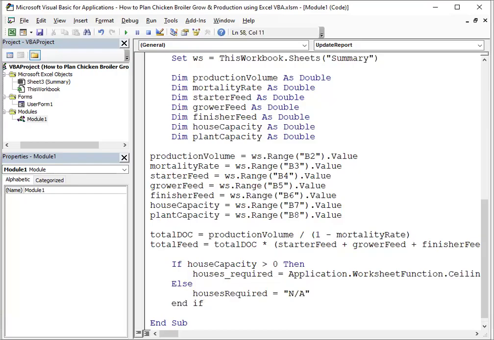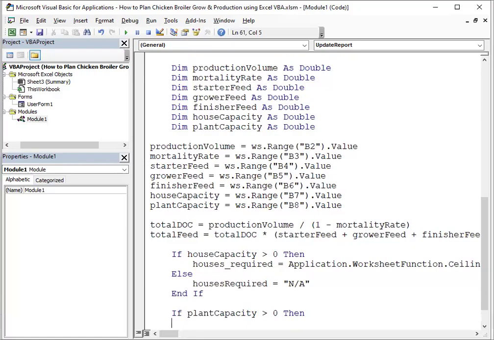Then I'm going to do another condition. If plant capacity is greater than 0 again, then processing hours is equal to production volume divided by plant capacity.